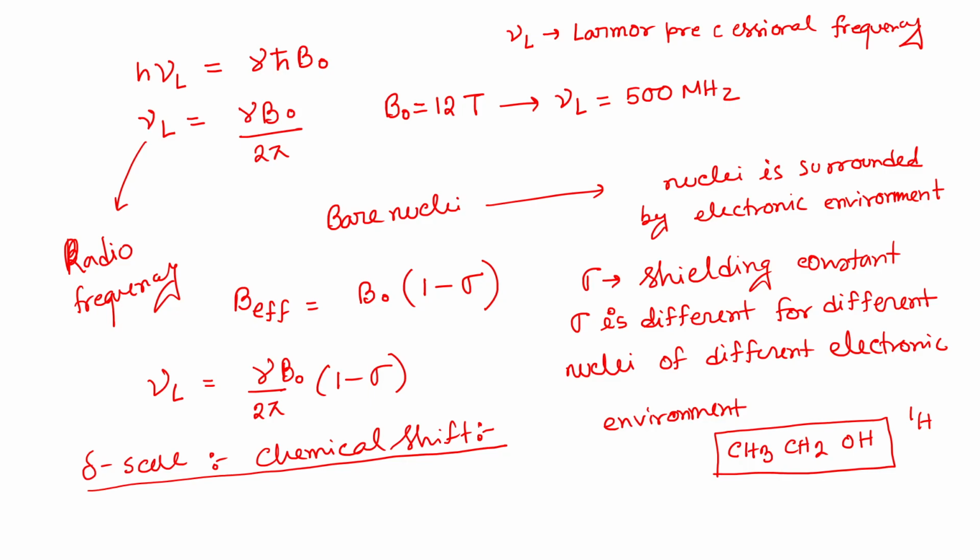Now, these three Larmor frequencies cannot be different on different instruments, so we need a relative scale. That's how this delta scale, or chemical shift in ppm, has been introduced, and it is given by delta equals nu minus nu 0, where nu 0 is the Larmor frequency for a reference, and this reference I'll talk about soon, multiplied by 10 to the power 6 ppm.